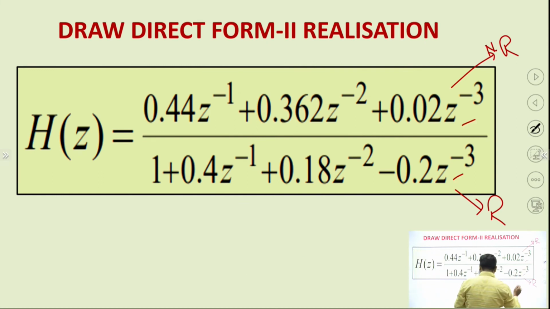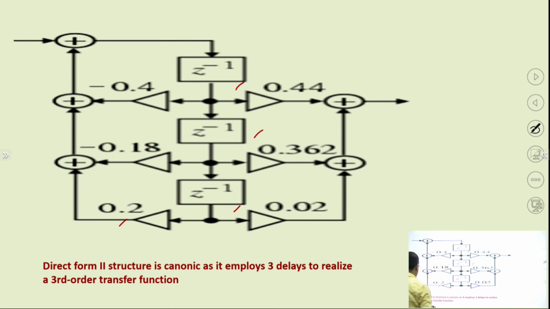So here the order of the equation or the order of the transfer function is equal to the number of delay elements. The order of the transfer function is 3 and the number of delays used in the realization is also 3. So it will be a canonic structure. Your direct form 2 structure will always be canonic. This property is possible only in direct form 2.